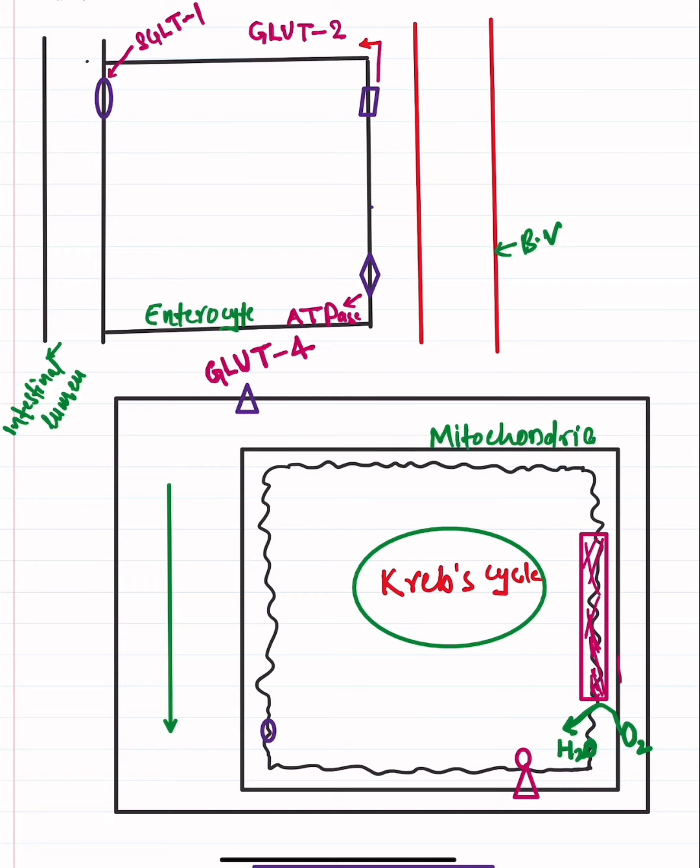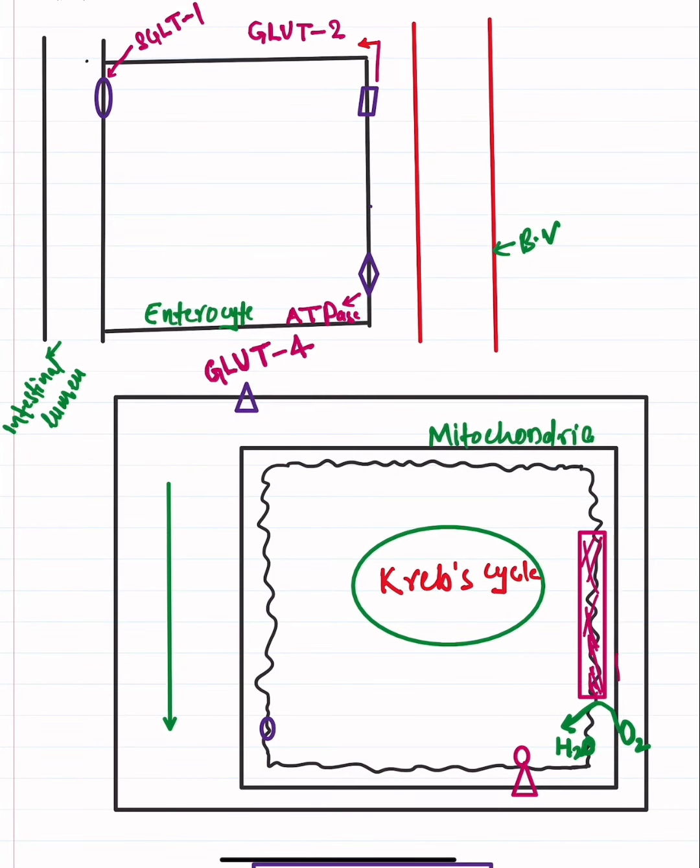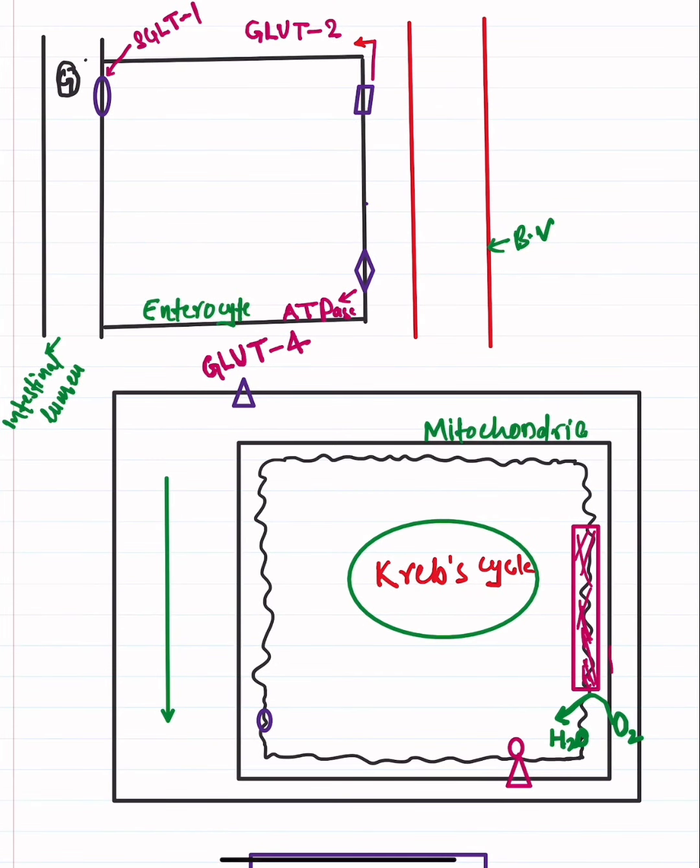As you know, in the jejunum of the small intestine, the glucose will get absorbed. You can see here, glucose is here, and glucose will get absorbed by a transporter that is called SGLT1. That means glucose will get absorbed into the enterocyte from the intestinal lumen.